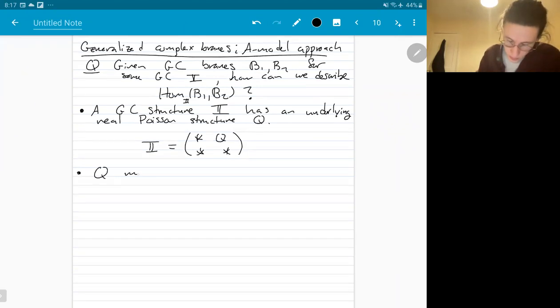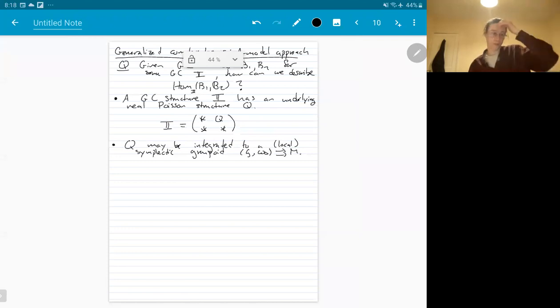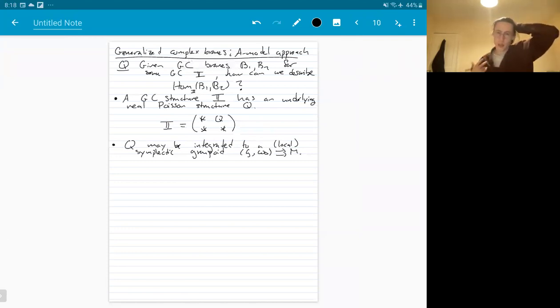So Q may be integrated to a possibly local symplectic groupoid. What is this? It's a symplectic manifold that you can canonically associate to any Poisson manifold.